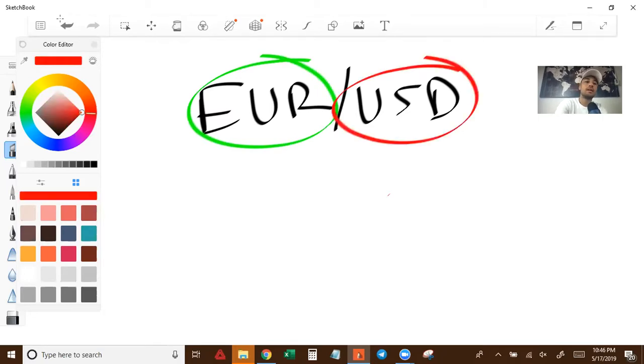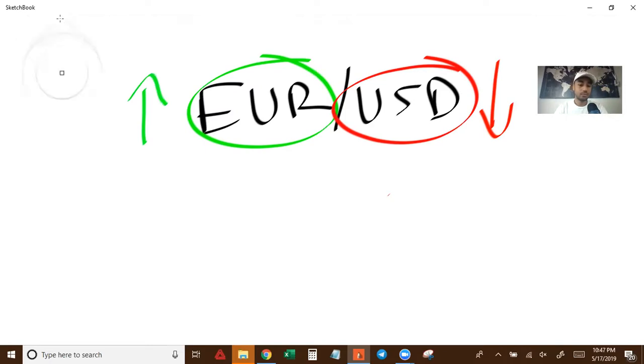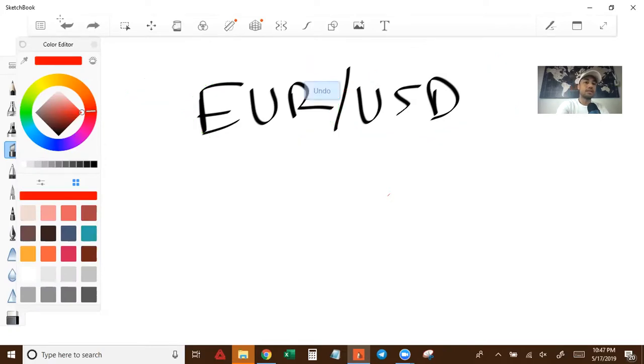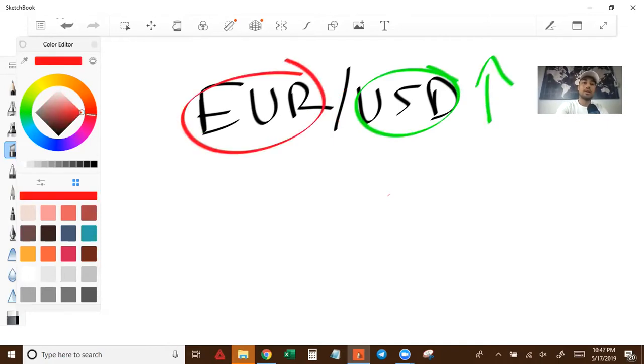Let's say you believe that the euro is going to go up in value. So this would go up against the US dollar, and the US dollar would be going down in value. Think about it like a seesaw. The same thing is true the other way around: if the US dollar is going up in value, the euro is going down in value. That's how it would work.